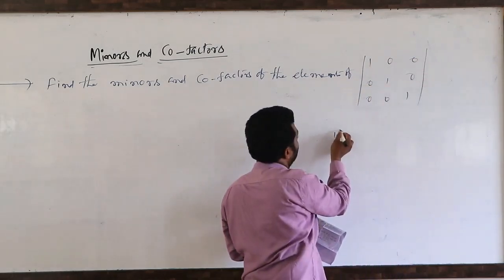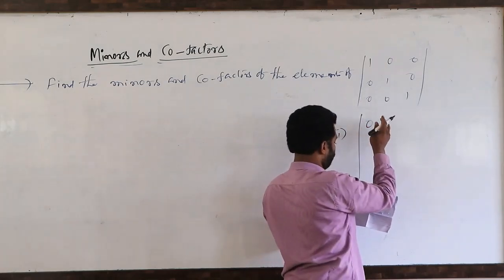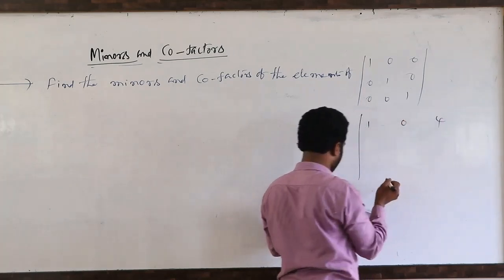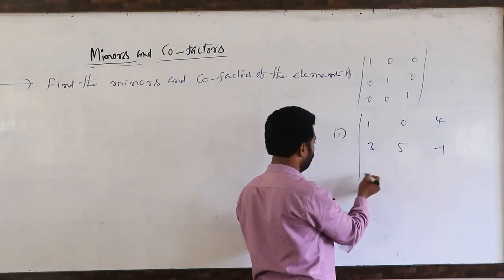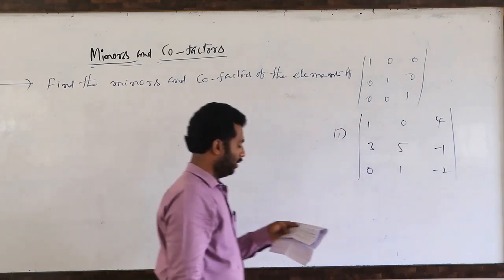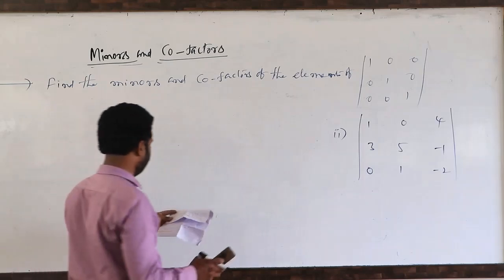You calculate this one. Second one, 1 0 4 3 5 minus 1 0 1 minus 2. You have to calculate these 2. This is homework for you.